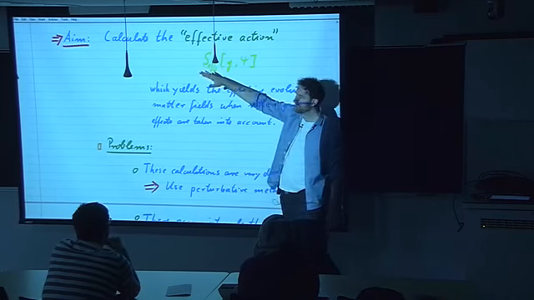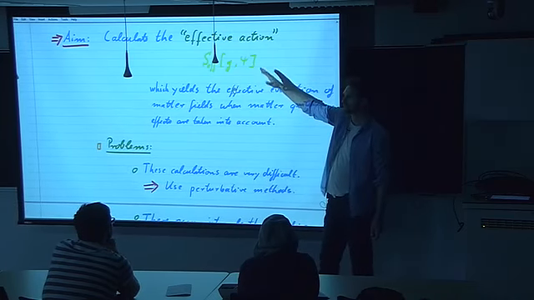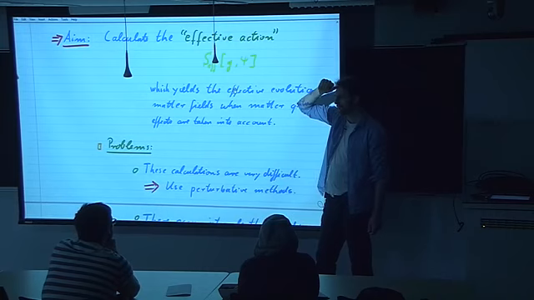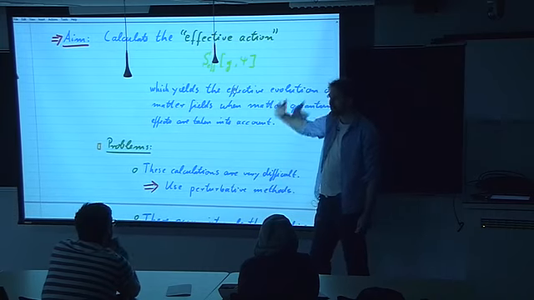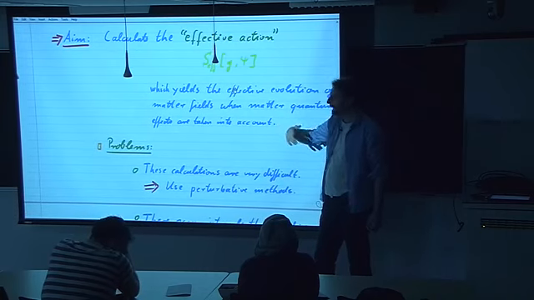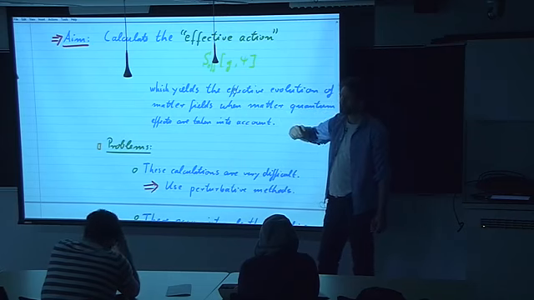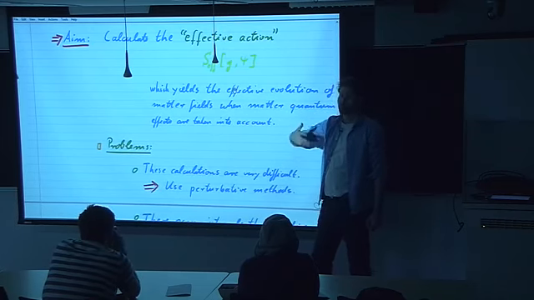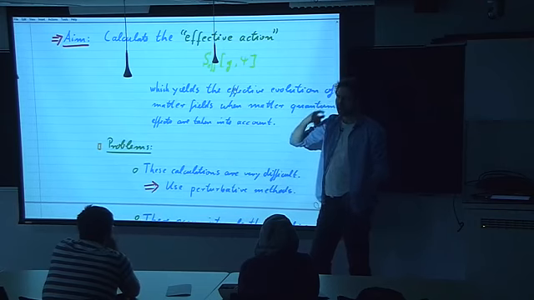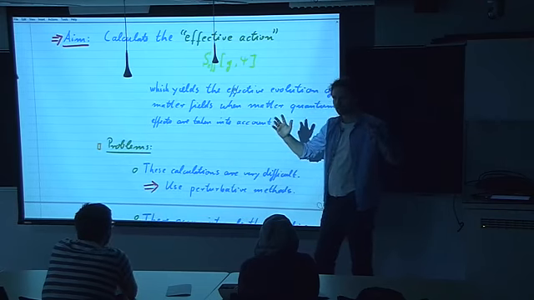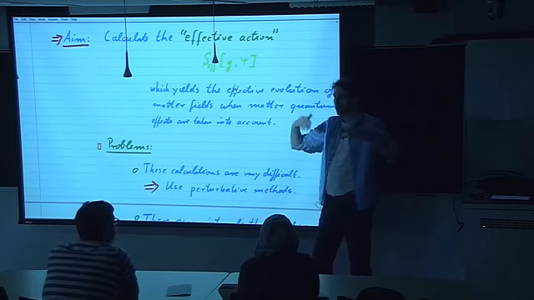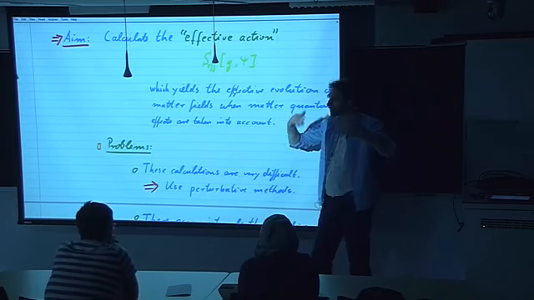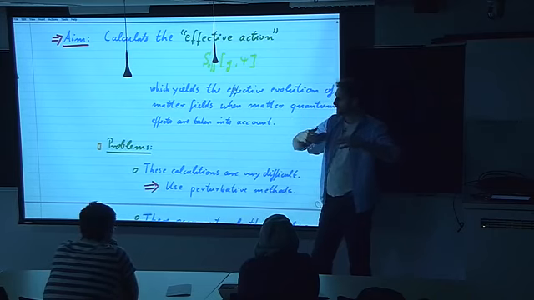If you have a classical system, it has its classical action. Now you can calculate a quantum effective action from this classical action. And what does the quantum effective action do? It looks just like an ordinary action. You can calculate from it Euler-Lagrange equations. You can solve the Euler-Lagrange equations.